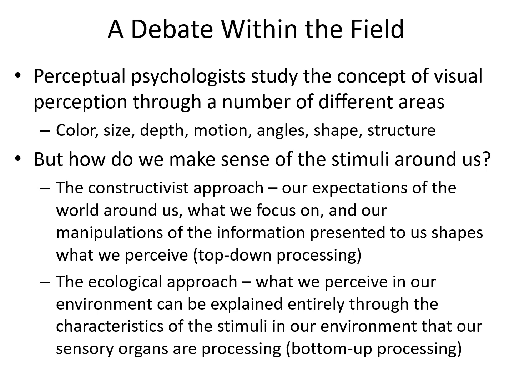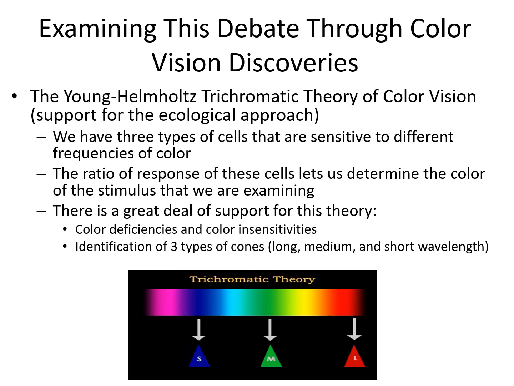This approach, well, I guess the debate between the approaches, went in a lot of different directions, but one of the first places it actually went is in a place where we can actually explore today, perception of color. In the early years, when people were trying to break down how we were able to perceive something as complex as color, we had a lot of different theories that were being presented.